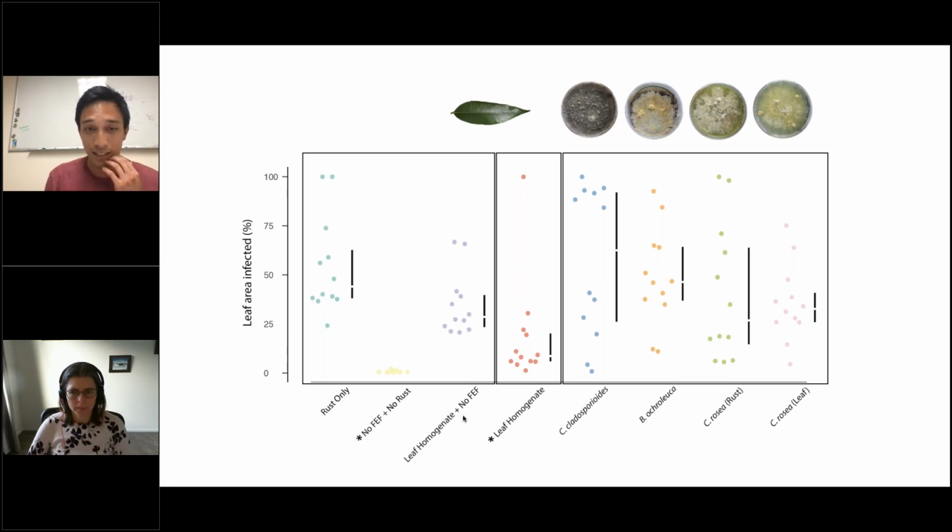But it wasn't significant, there was a slight decrease in pathogen inhibition. So it's very possible, and I don't think you can rule it out completely.